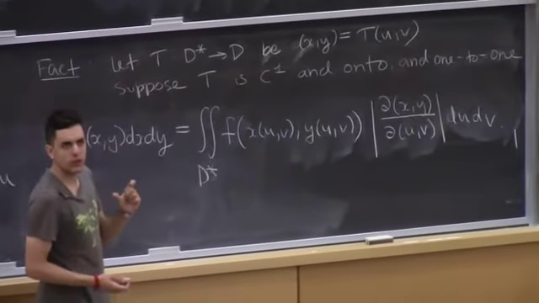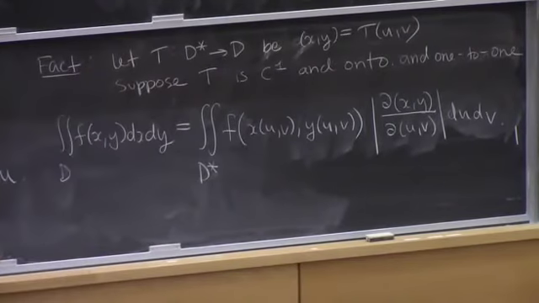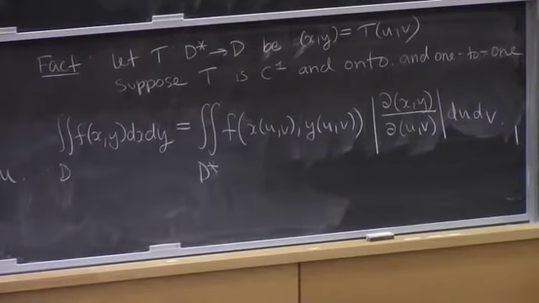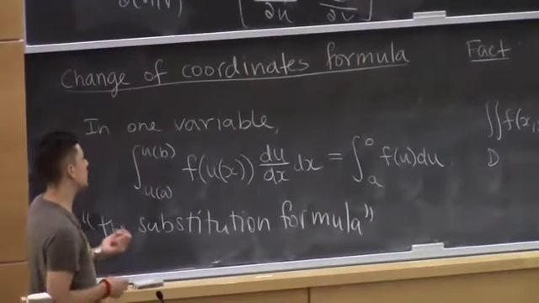So what I want folks to notice here is the way that this kind of looks like there's cancellation. Okay, when we look at the one variable formula, we see that these guys sort of cancel off and become a du, just like we'd expect.